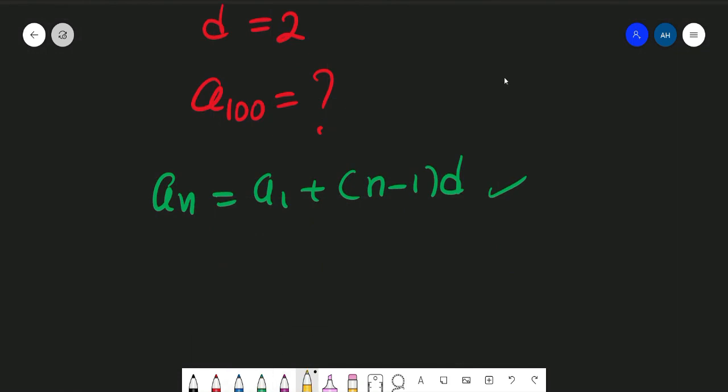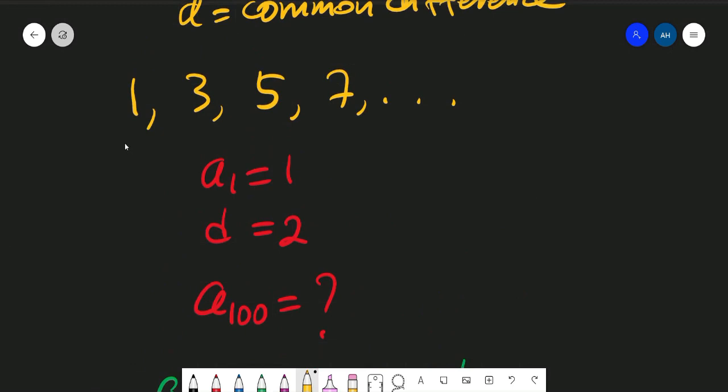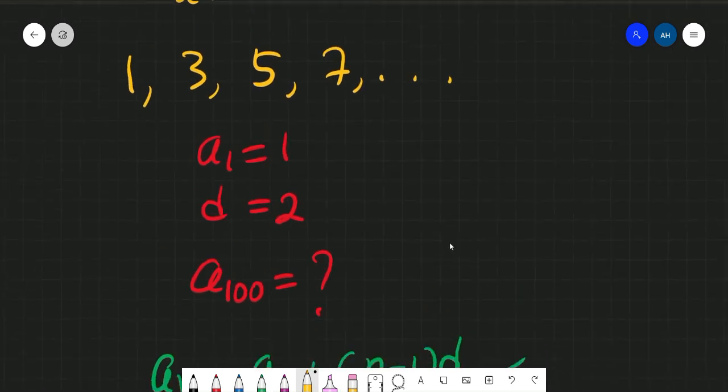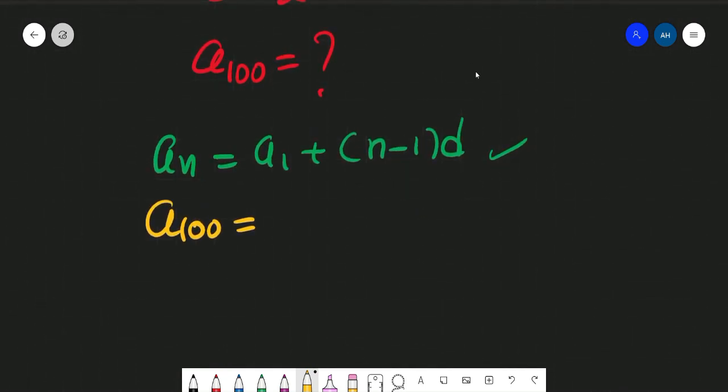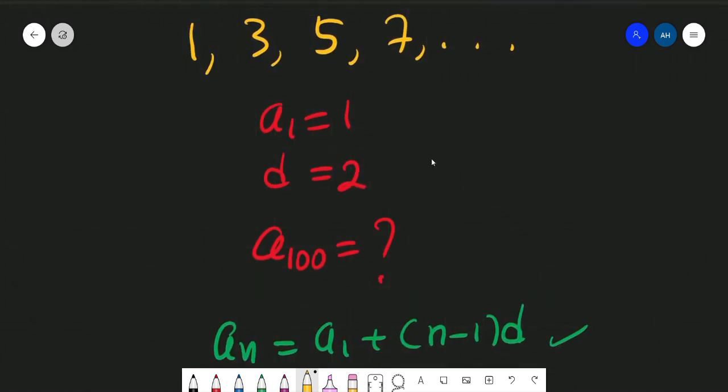So let's try it. Term number 100, referring to this sequence, the sequence of odd numbers. A1 equal to 1 and D equal to 2. So let's substitute the values: A1 equal to 1 plus N, in this case 100, so 100 minus 1, multiplied by D. D is the common difference.